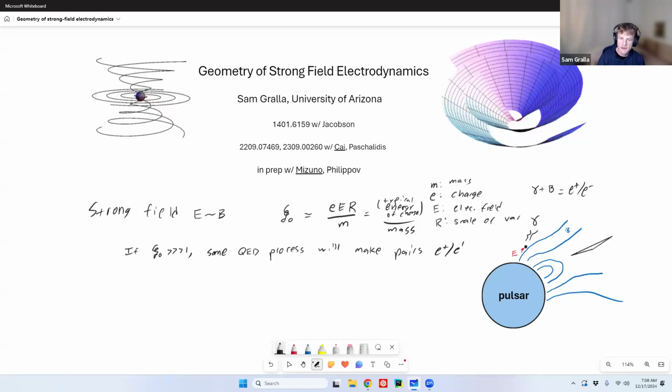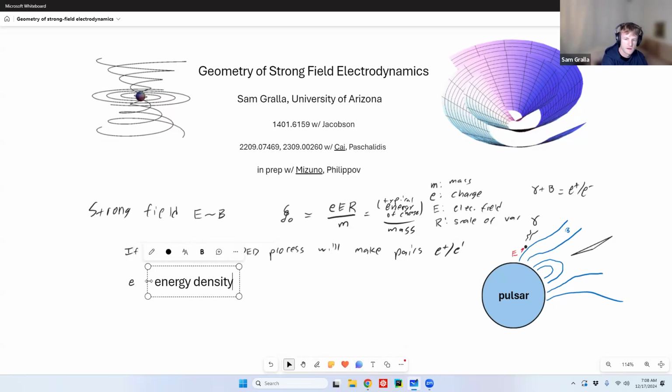Okay. Now, something very interesting happens when you make your plasma by this kind of process. Let's think about the energy density in the magnetic field divided by the energy density of the particles.